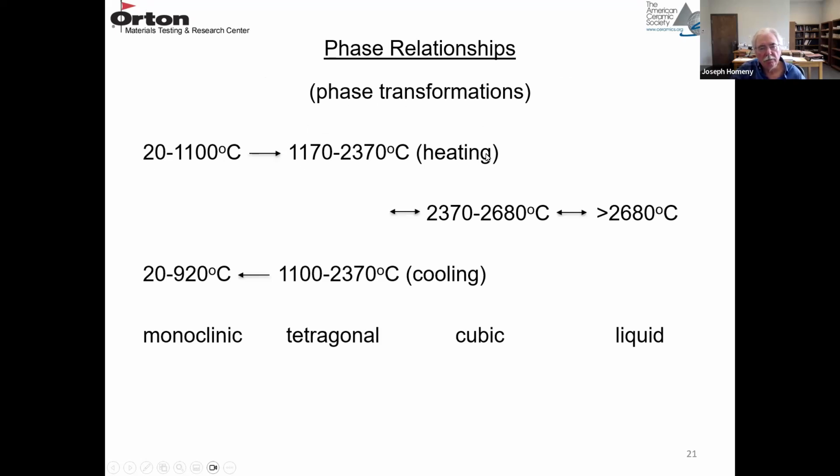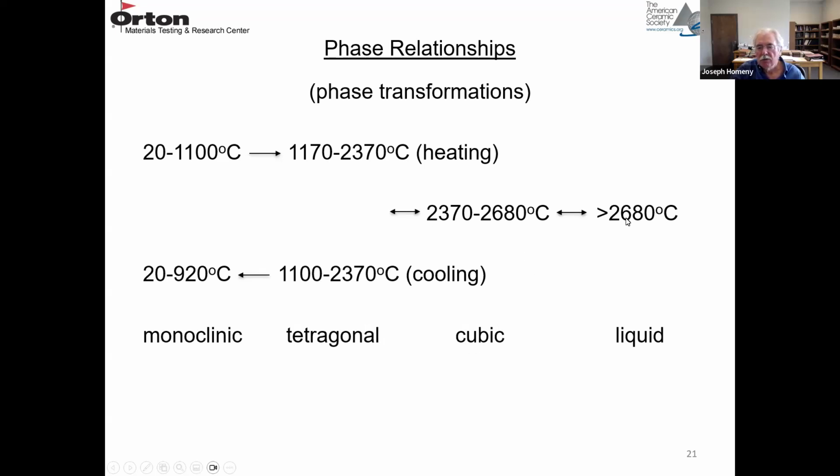So the top is heating. Between 20 and 1100 degrees C, you're going to have monoclinic zirconia. And as soon as you get above about 1170 degrees C, there's going to be a displacive transformation to tetragonal. And then above 2370 degrees C, it's going to be another displacive transformation to cubic.